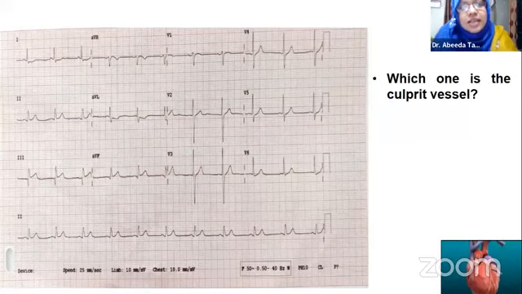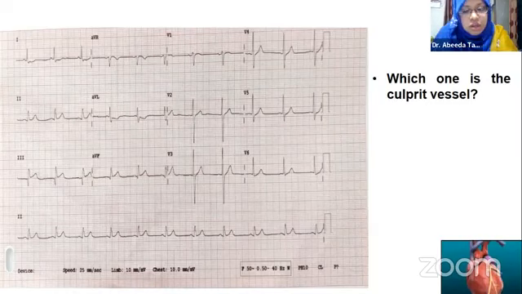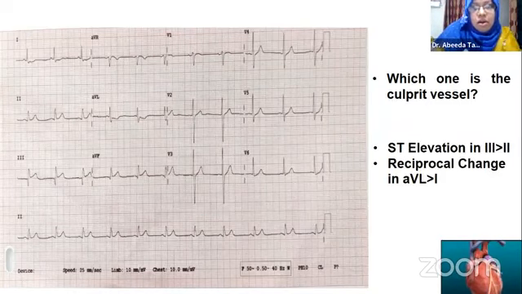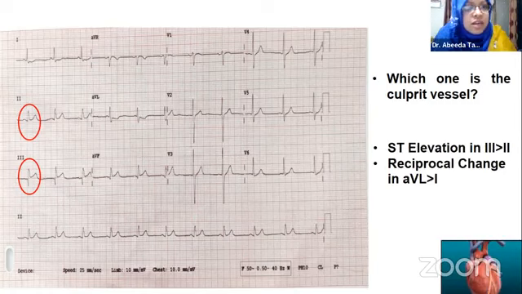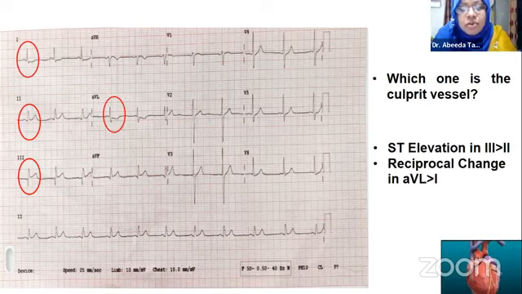Which one is the culprit vessel in this case? If we look closely, we can see that in lead 3, the ST elevation is greater than the ST elevation in lead 2. Along with that, there is reciprocal change in AVL more than that of lead 1.